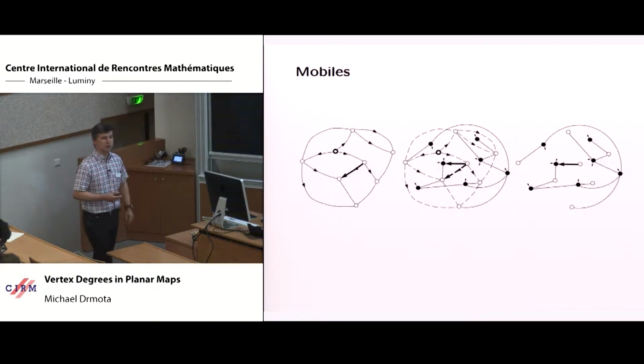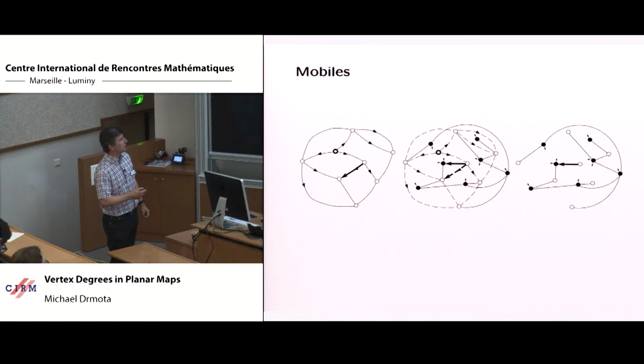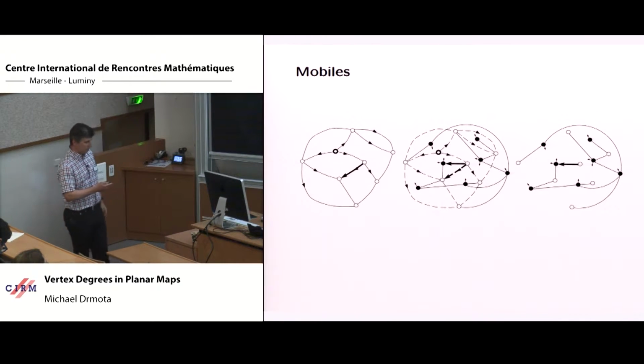So that's the bijection. In order to get statistics on the map, I just have to look at statistics on the mobile. For example, statistics on the degrees of the black vertices correspond to statistics on the valences of the faces of the map.